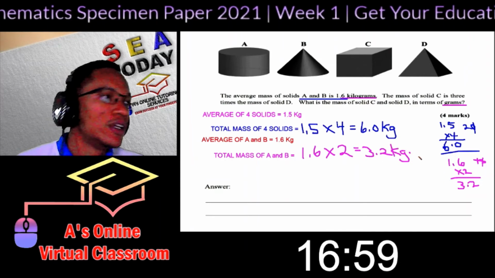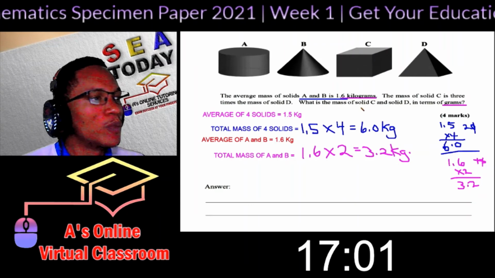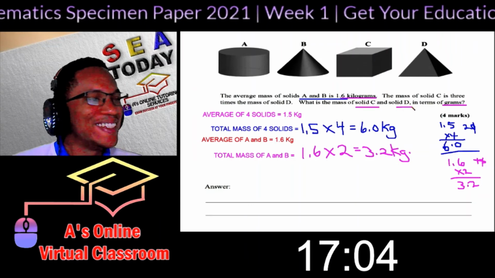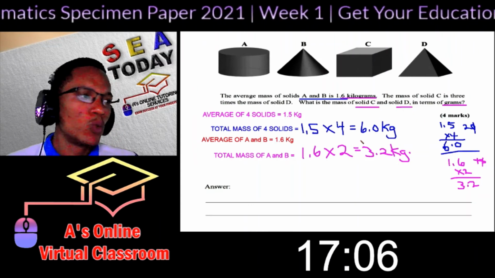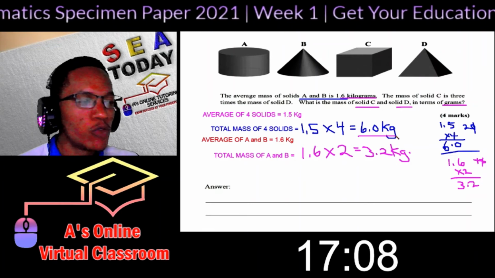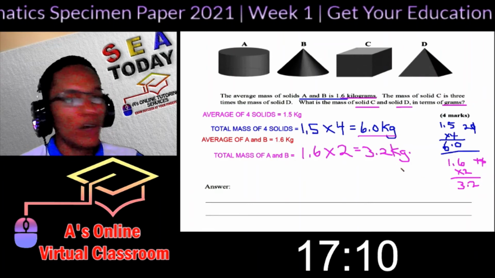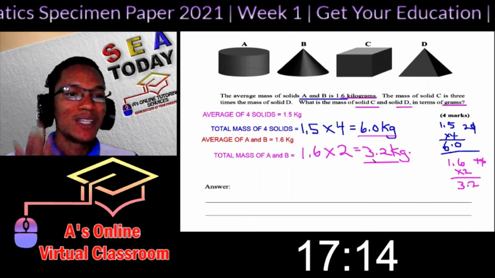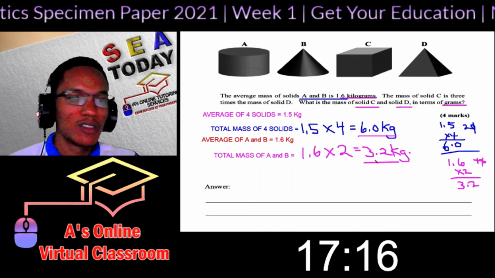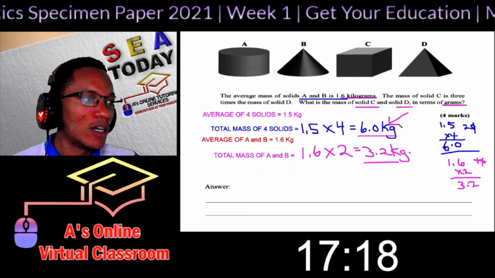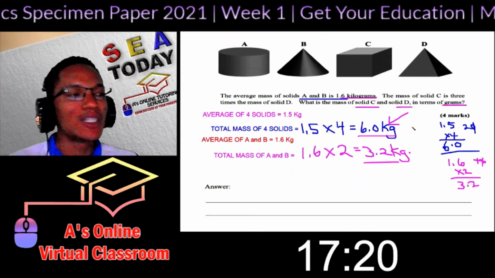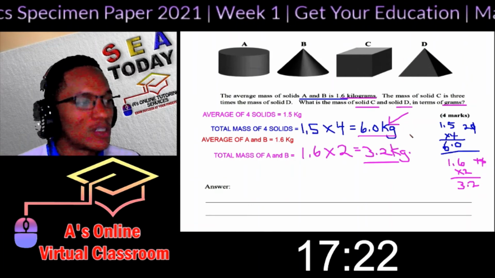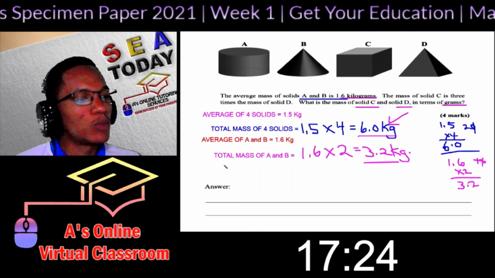So the question wants us to find out the mass of C and D. Now we have the total mass of all 4, and we now have the mass of the first 2. So the mass of C and D together would be the difference, because this is the total, 6.0.